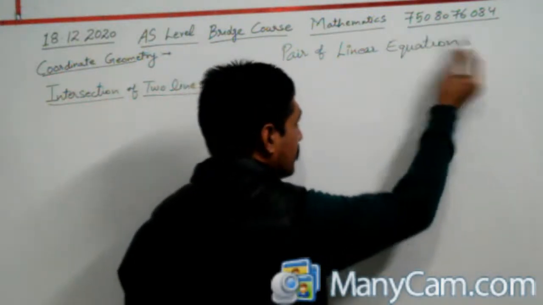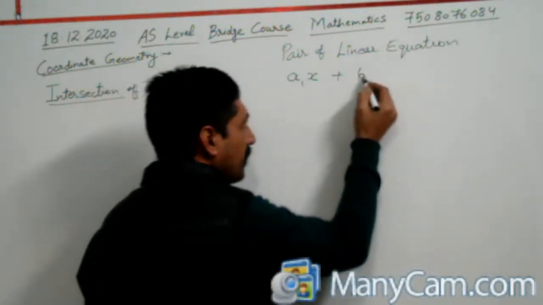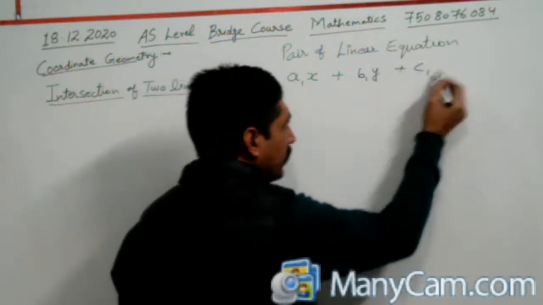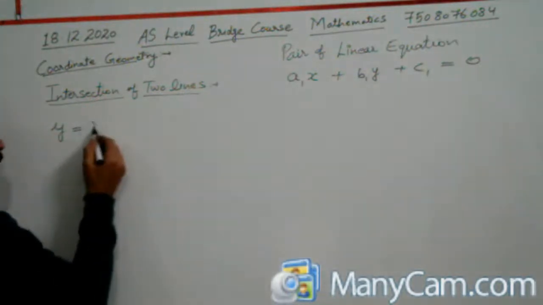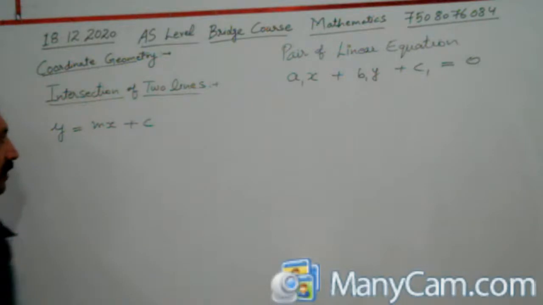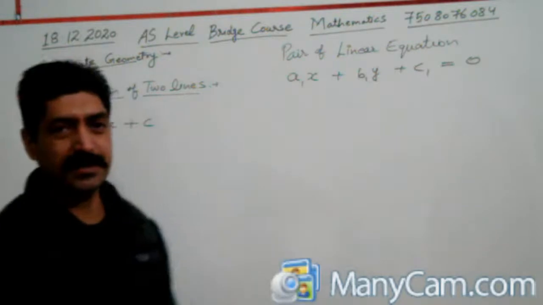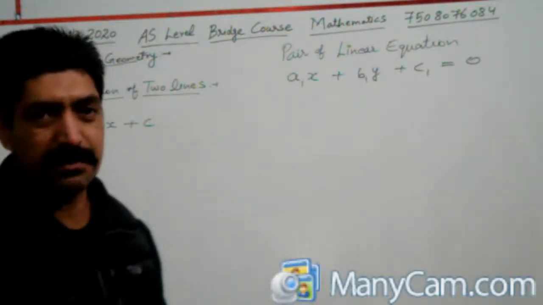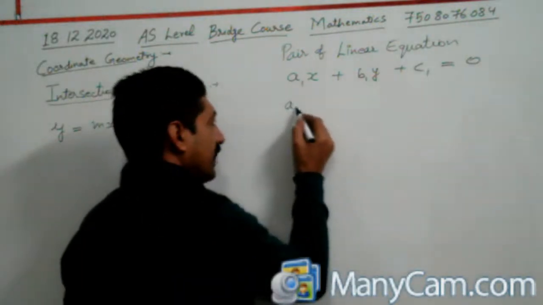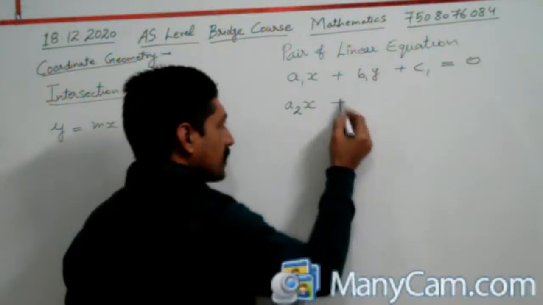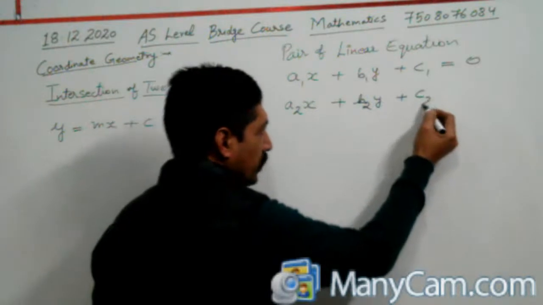There I discussed that if we have one equation as a1x plus b1y plus c1 is equal to 0, this equation is the same as y is equal to mx plus c. The coefficients may be positive or negative. In the same way, we have the second equation a2x plus b2y plus c2 is equal to 0.